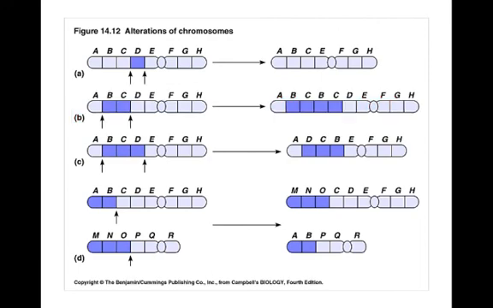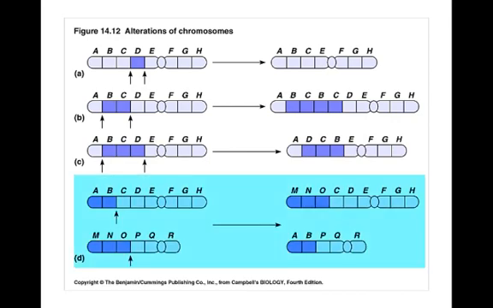You can see that in scenario C, we have a kind of a flip where you have BCD. That sequence has actually been reversed. Now it's 180 degrees different, and now it's DCB. In the last scenario, we have two chromosomes on the left.